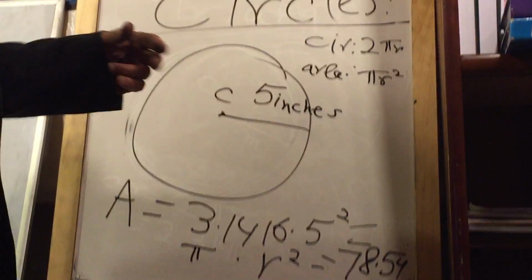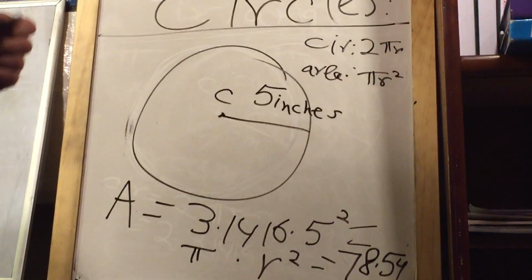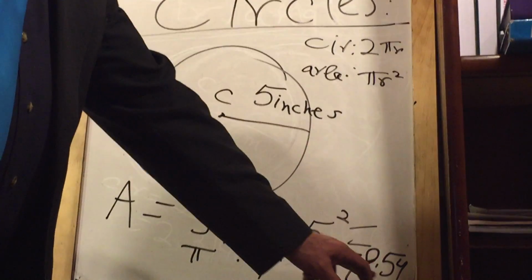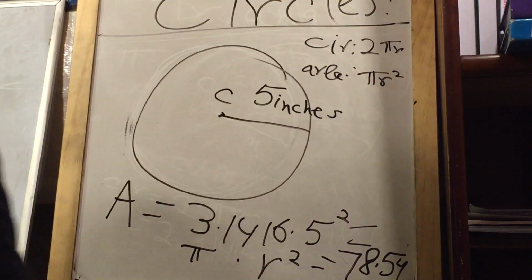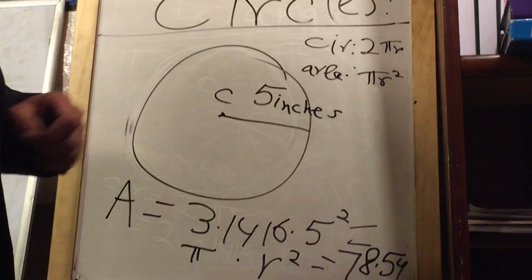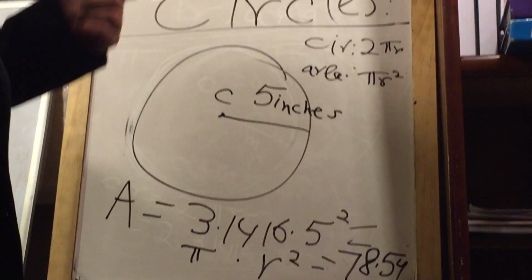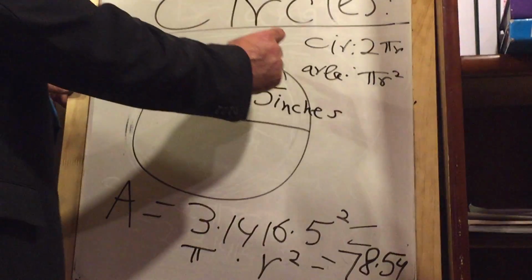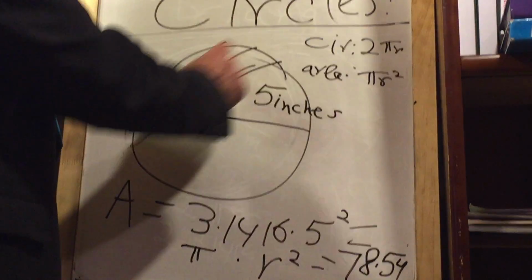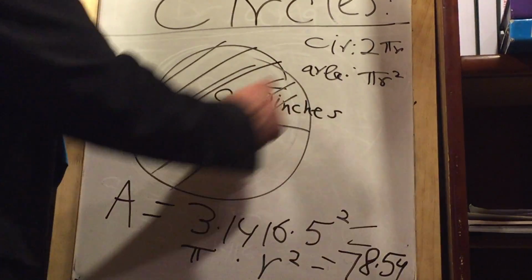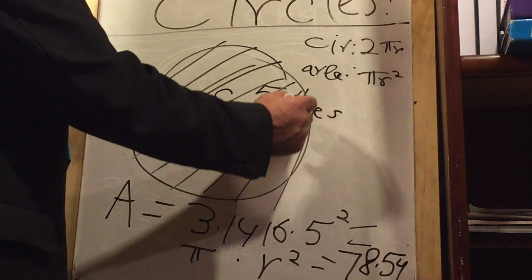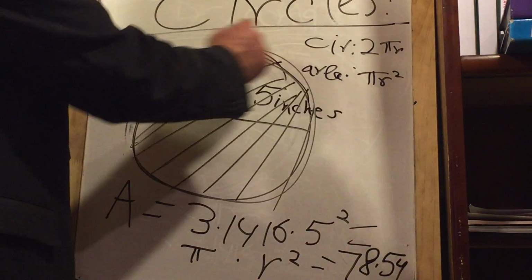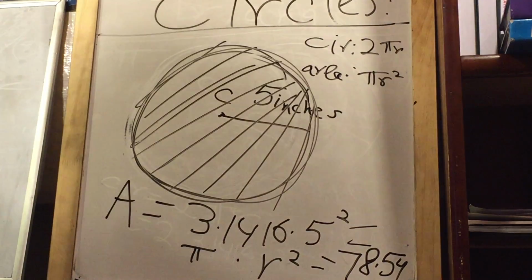Remember, in area we have to deal with squares. The answer is always going to be in inches squared, meters squared, kilometers squared, because it is the area. It is the area of the whole thing, including the circumference. And that is your area.